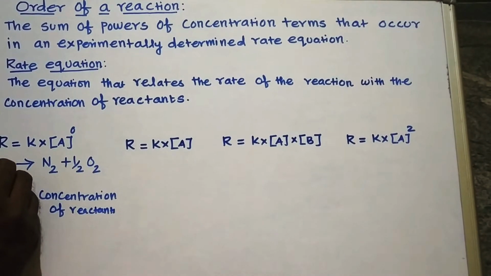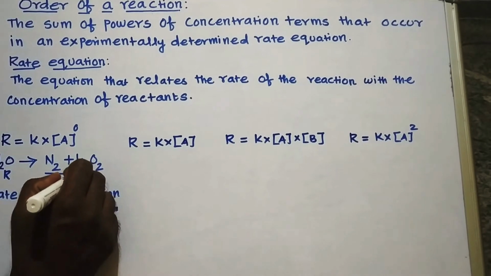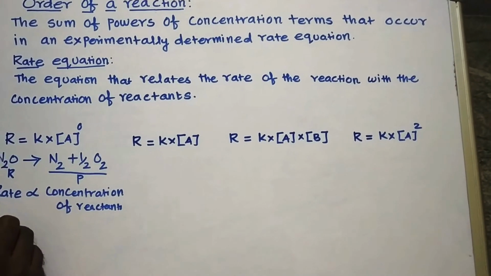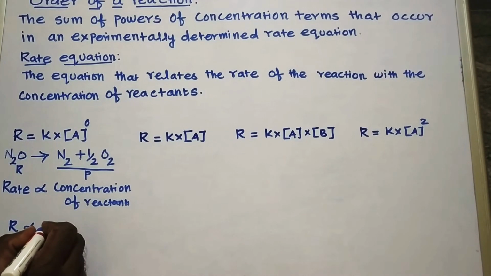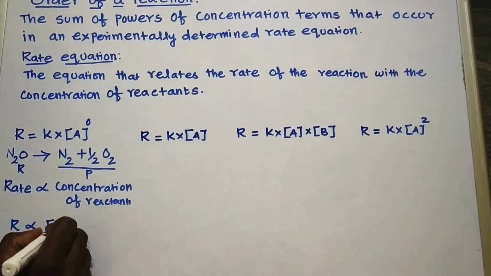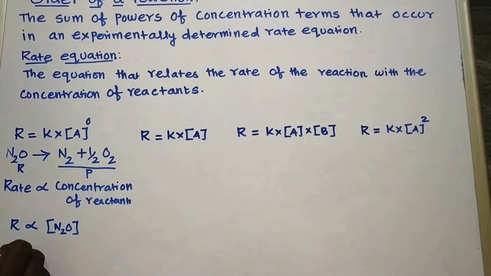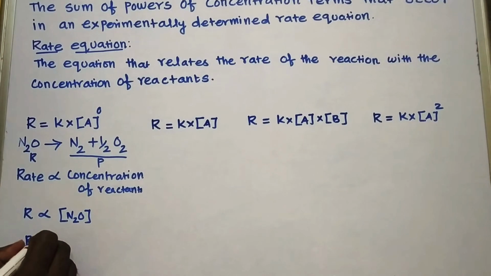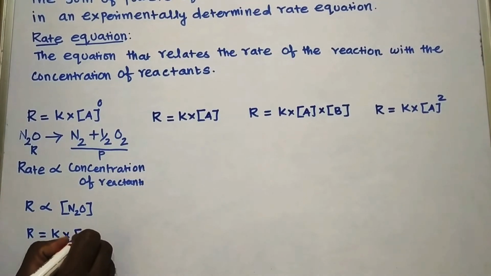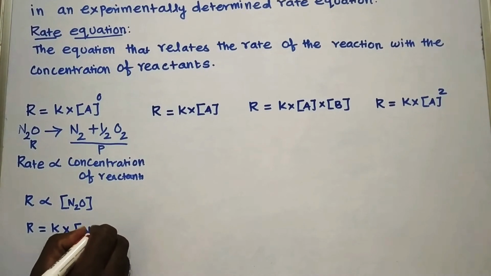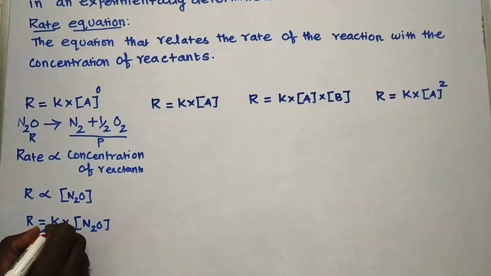Here N2O is the reactant and N2 and O2 are the products. Therefore, rate is directly proportional to the concentration of N2O. Then the proportionality is replaced by introducing a constant K, where K is the rate constant.